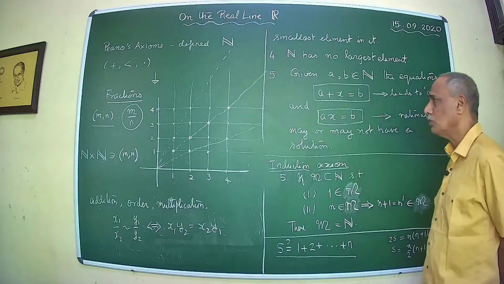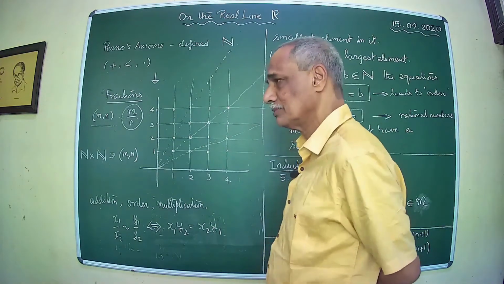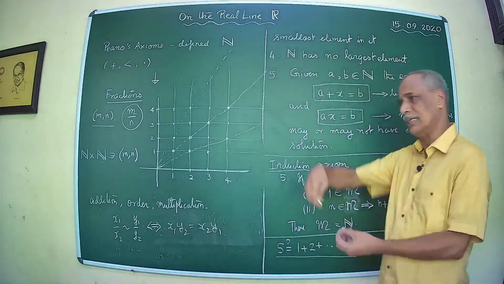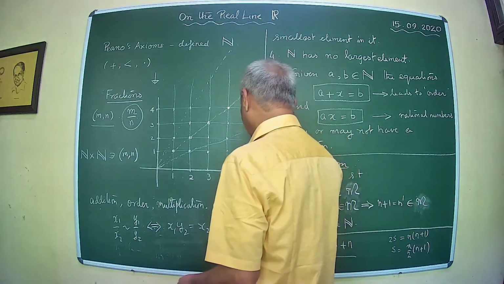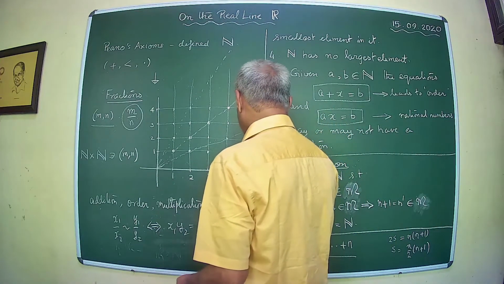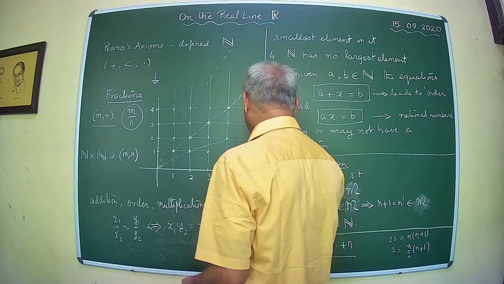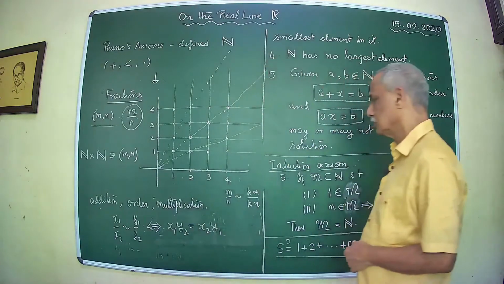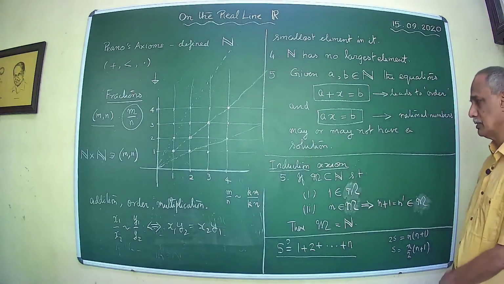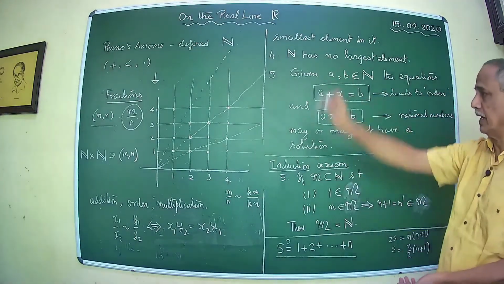Okay? And so on. So if you take some m n, you draw the line passing through that. It will pass through certain rational numbers. For instance, if you take m by n, then it will be related to k times m, k times n. Right? So these are related. So you can find the lattice points.